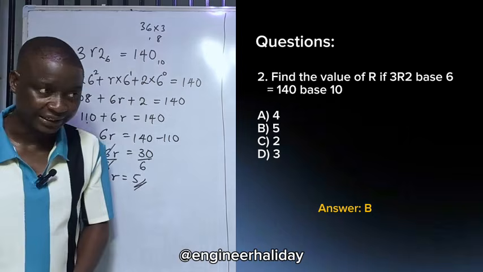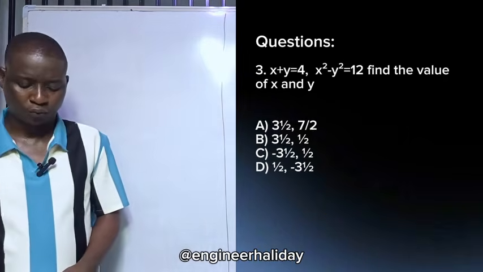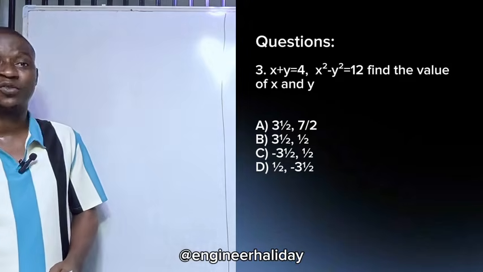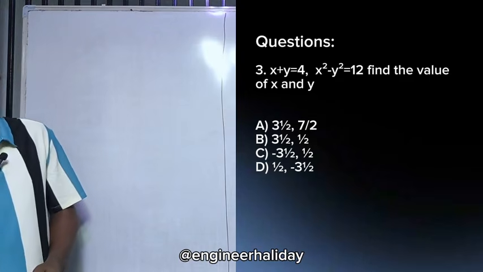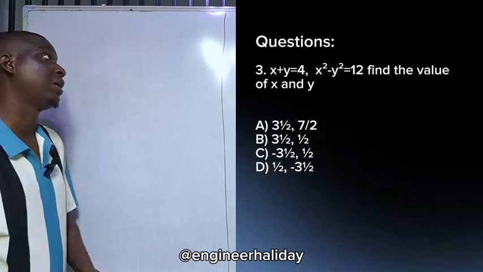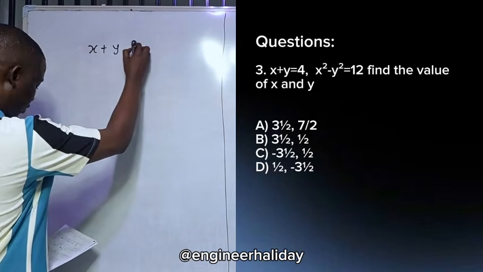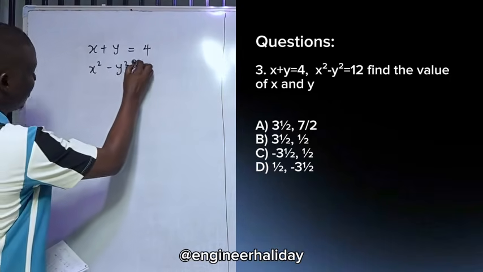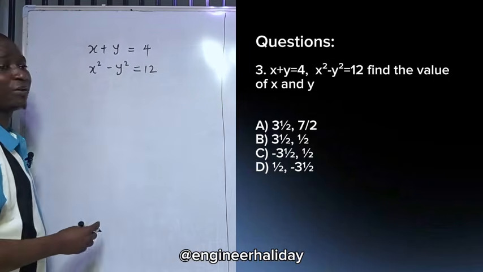Now let's move to number 3. It says that x plus y equals 4, x squared minus y squared equals 12. Find the value of x and y respectively. What I will advise you to do, first of all, let's write our equations out. x plus y equals 4 and x squared minus y squared equals 12.